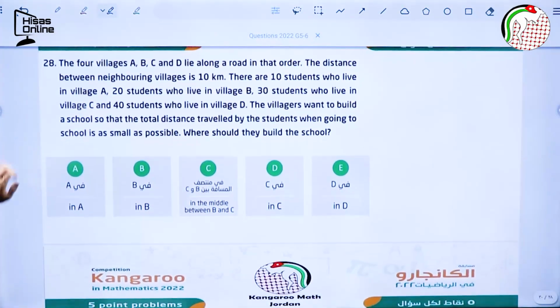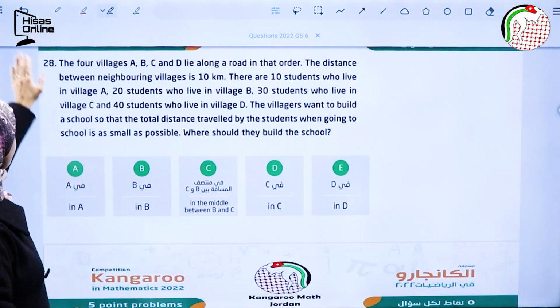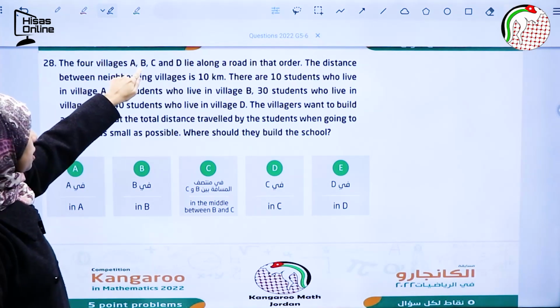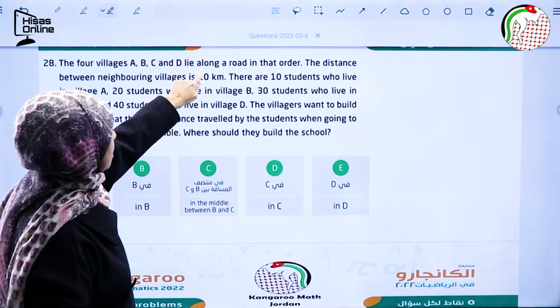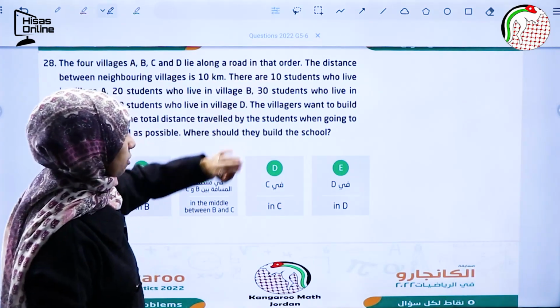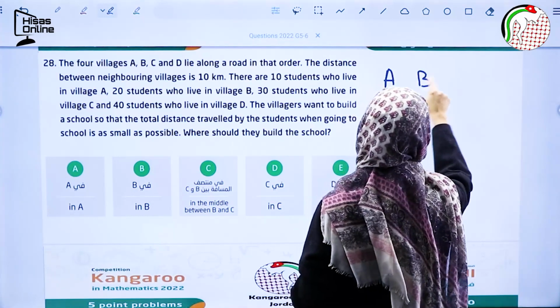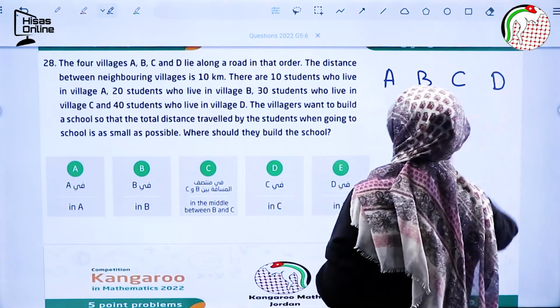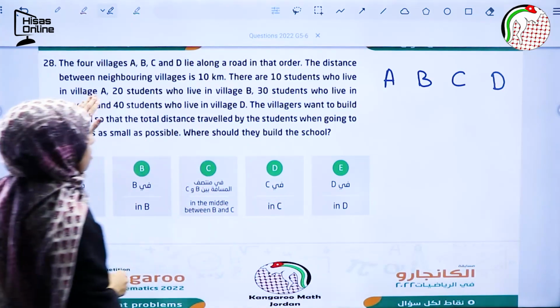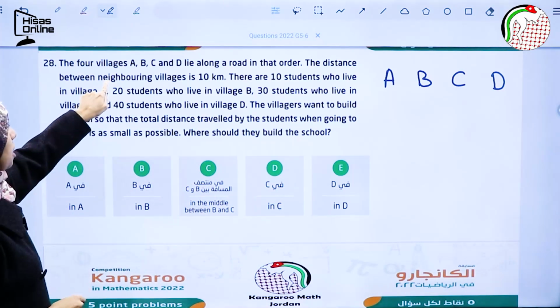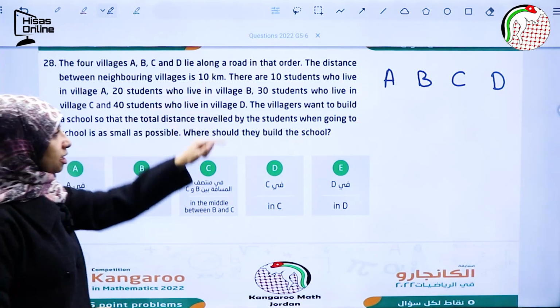Okay, question 28. Now we have 4 villages, A, B, C, and D, lie along a road in that order. So we have village A, village B, village C, and village D. Now, the distance between neighboring villages is 10 kilometers.